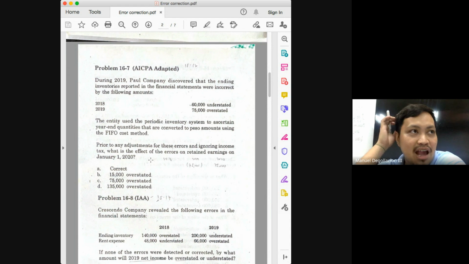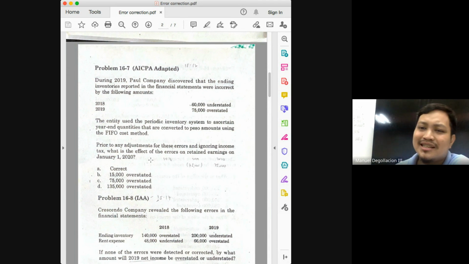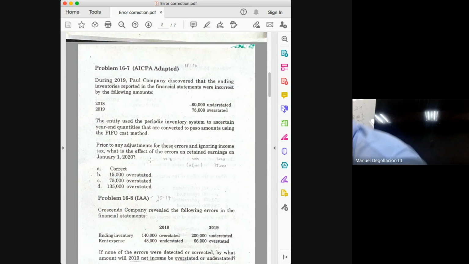Now, do you think the error in 2018 has already counterbalanced, class? The answer is yes. Two closing periods have already passed. The closing period in 2018 and 2019 were also closed already. That means, class, our analysis could have been very short.